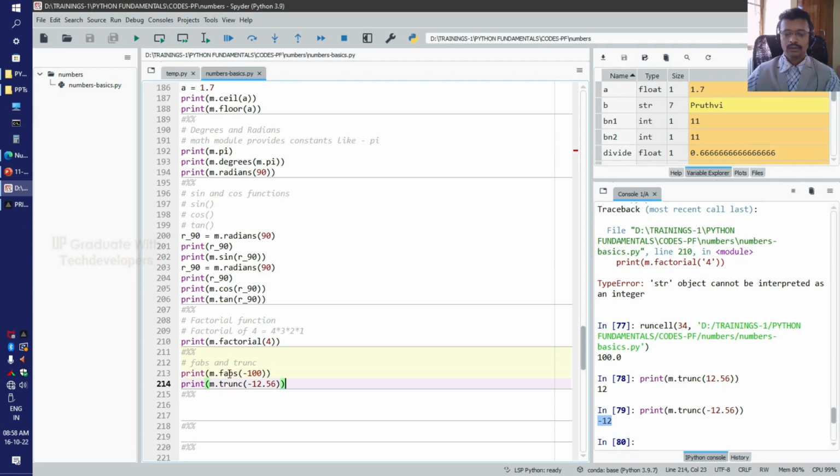So the fabs method will return the floating point value by removing the negative sign, whereas the truncation method results in the nearest integer value, keeping the negative sign as it is.